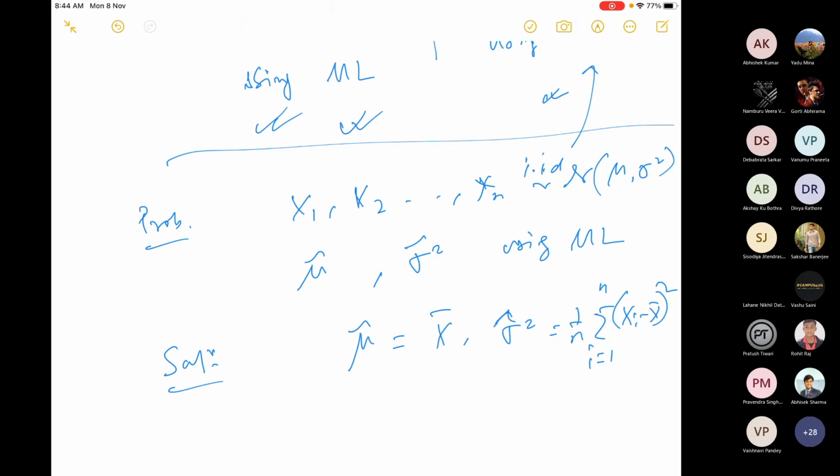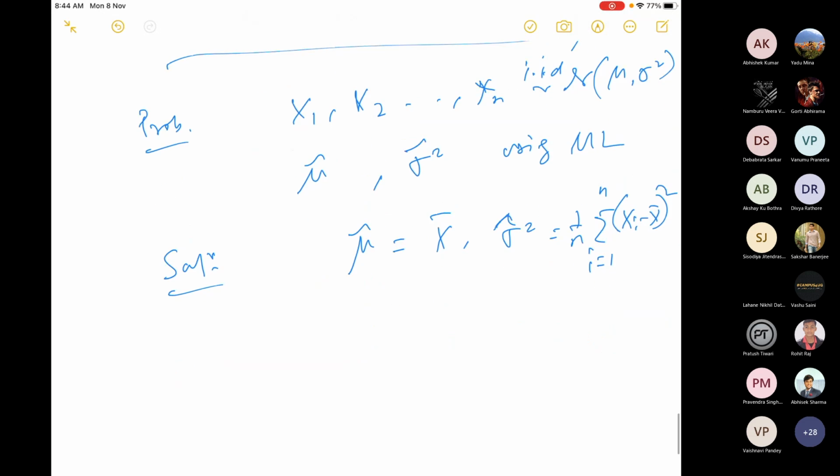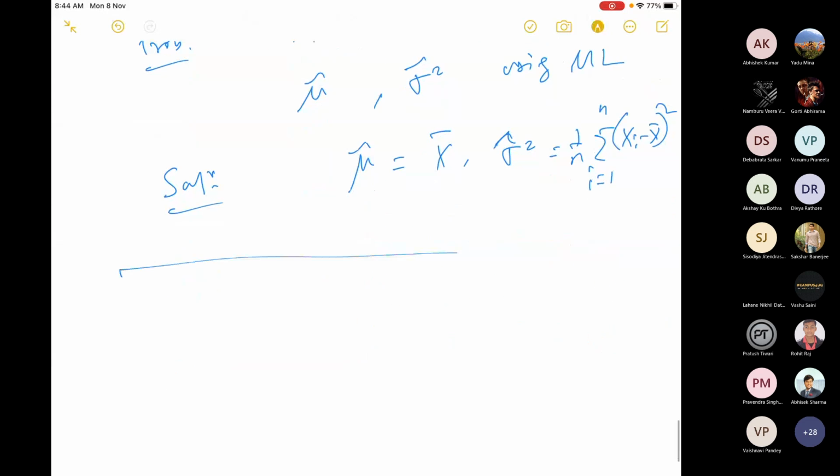The estimator can vary depending on your method. Okay, so then we discuss the criteria, or let's say goodness. How to decide which one is good? Goodness of estimator. So which estimator is a good estimator for a problem?